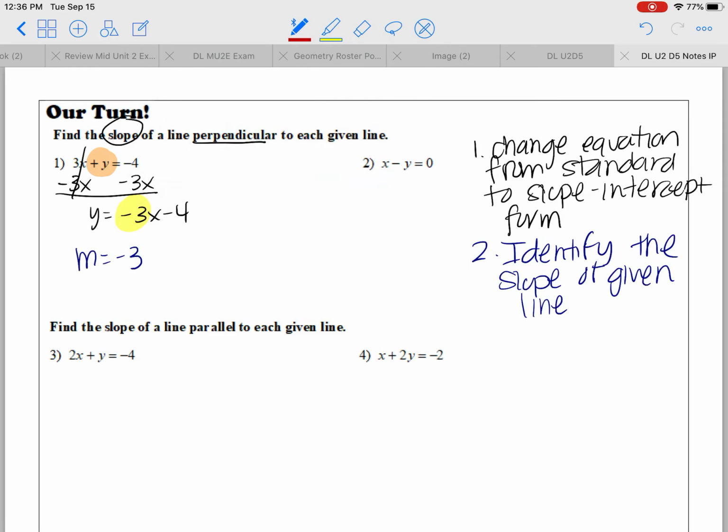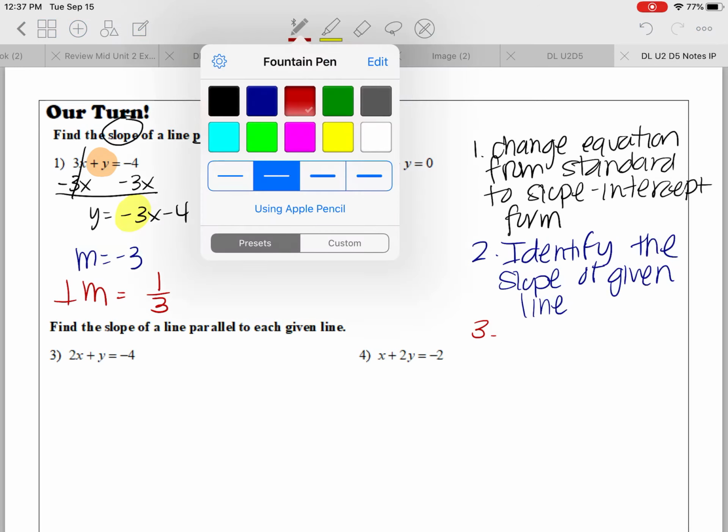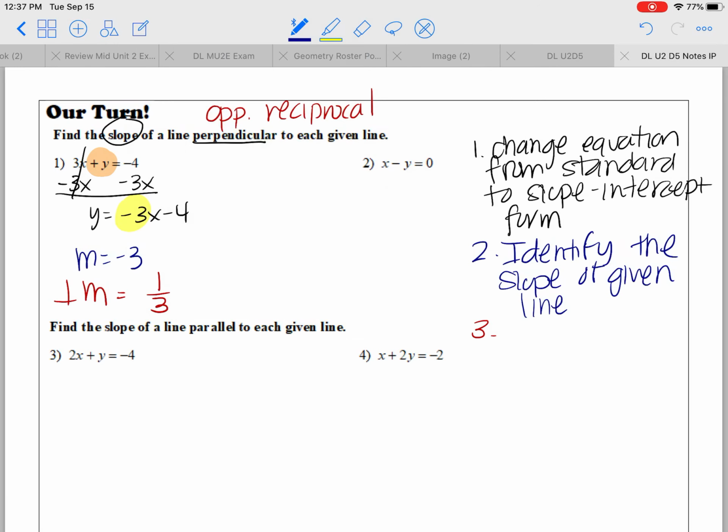Now, because the question is asking you to find the slope of a line perpendicular to this one, then we need to take the opposite reciprocal. Remember, the upside down T is going to be perpendicular, so the slope of a line perpendicular to this one will be positive 1/3. Remember, there's not a fraction there. If the number -3 is not a fraction, you need to change it into a fraction so you can flip that fraction. So you just put it over 1.